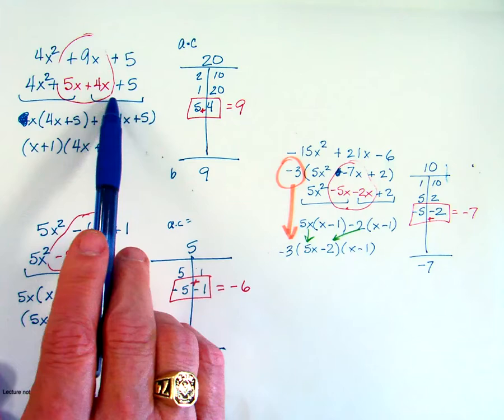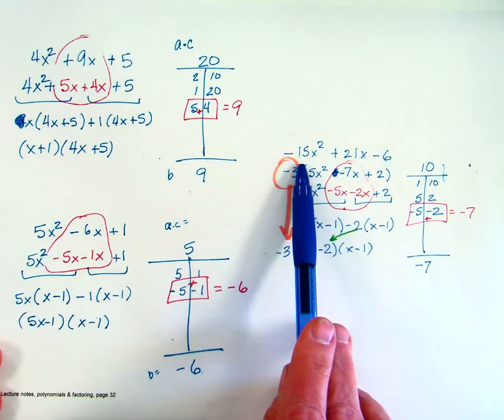Notice that this one, as I said at the beginning, make sure that you always take out any common factors first, numerical factors particularly, and your life will just get a lot easier. If you didn't do this, it would still work, but you would have a much longer list to choose from.